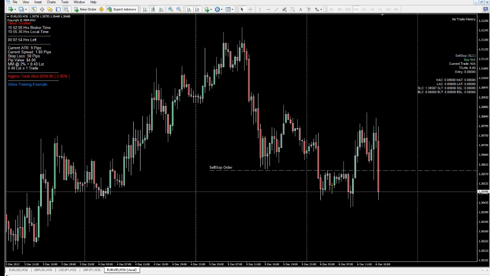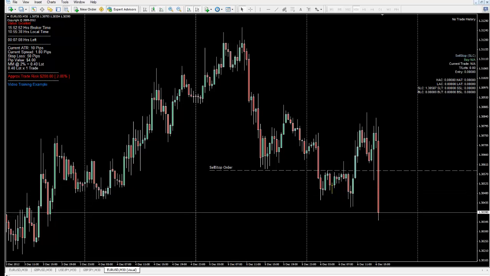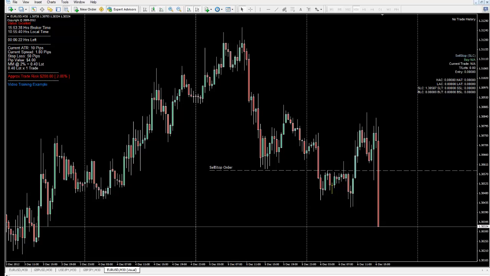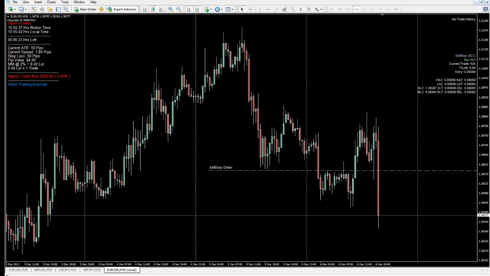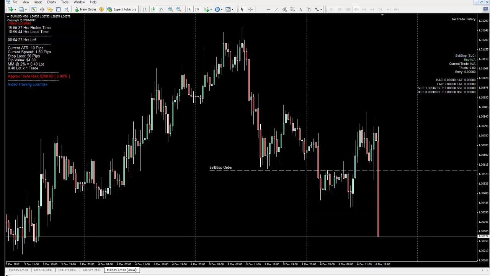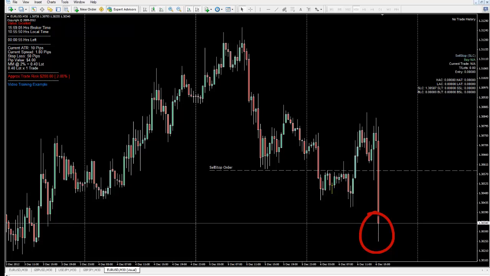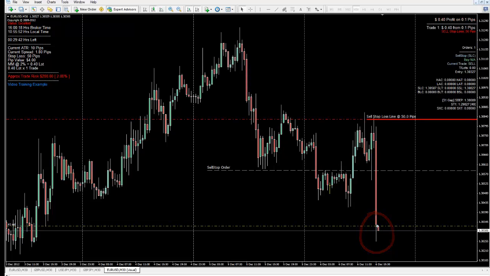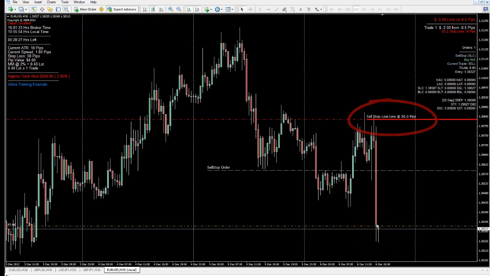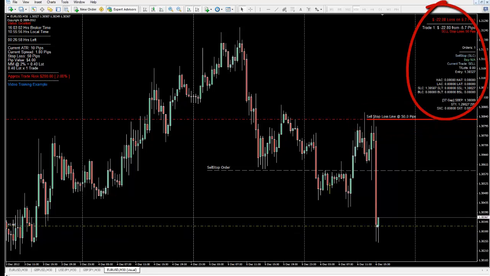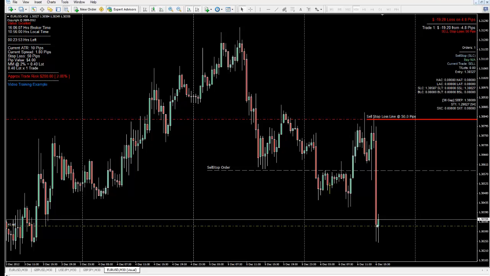Here we go, and so therefore on the close of this bar we'd open the trade. And there we go, trade successfully opened, false breakout avoided, job done.